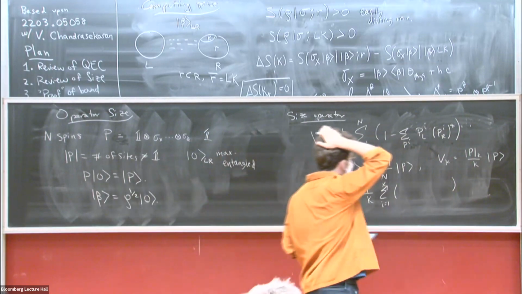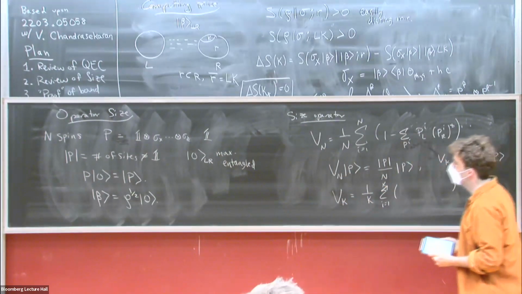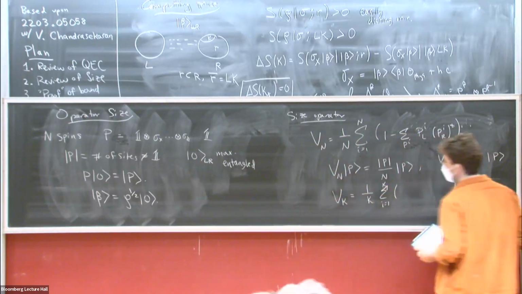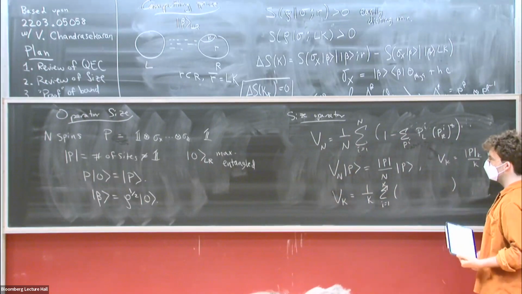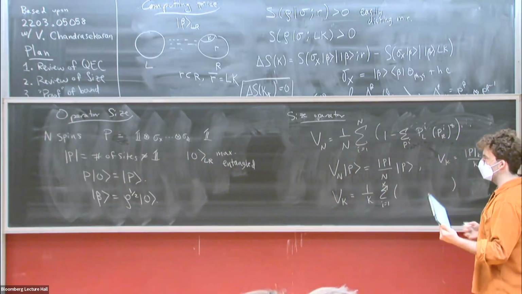For a sufficiently scrambled operator, we would guess that it doesn't really prefer one subset over the other.